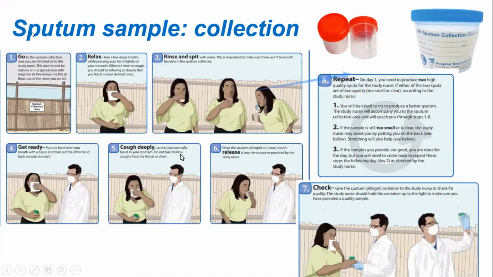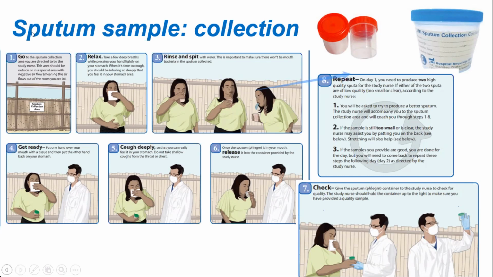So sputum collection. Here's a procedure of collection of sputum recommended by CDC in the United States. Well, so you can see that it is taken early in the morning after hygienic procedure, after brushing and gargling, because you need to rinse off the microbes from the mouth to prevent contamination as far as possible with the salivary microbes, oral cavity microbes.